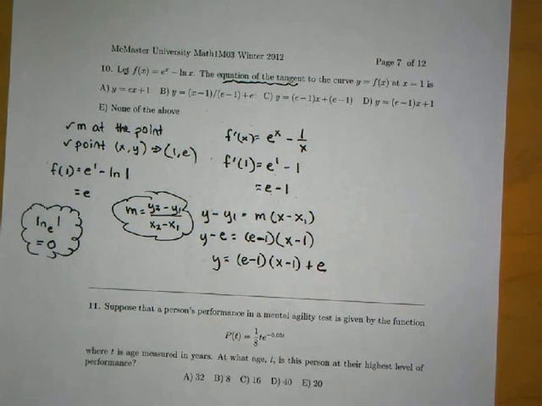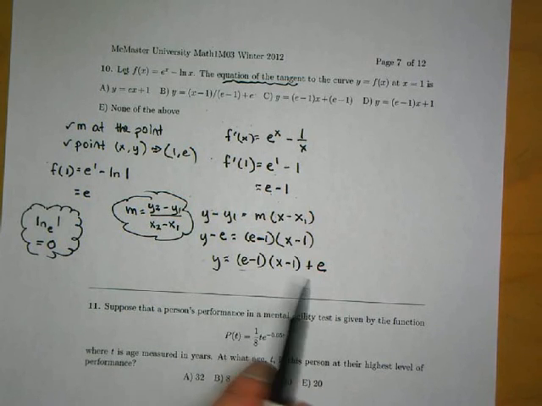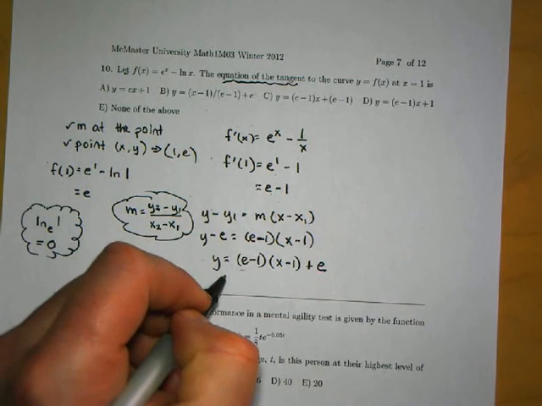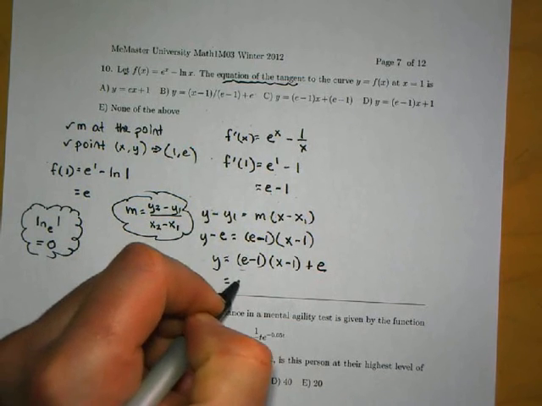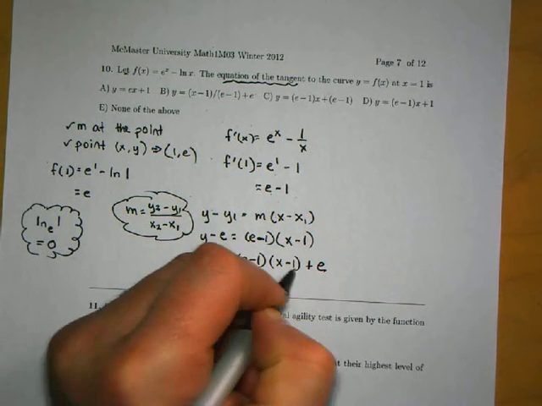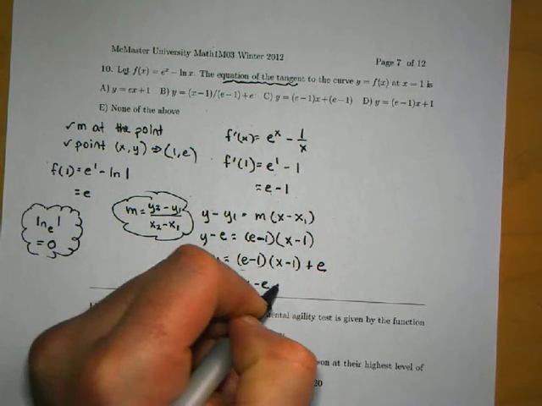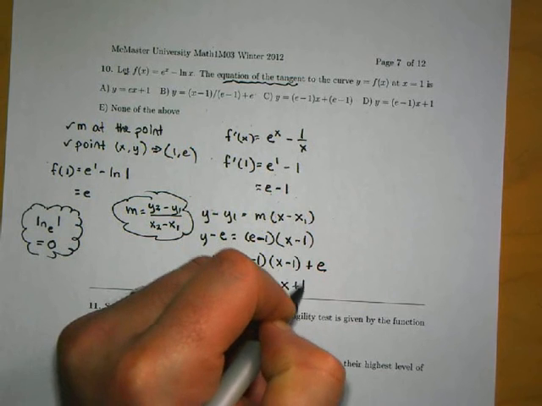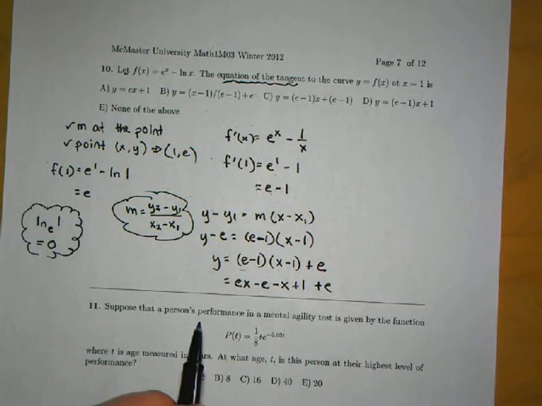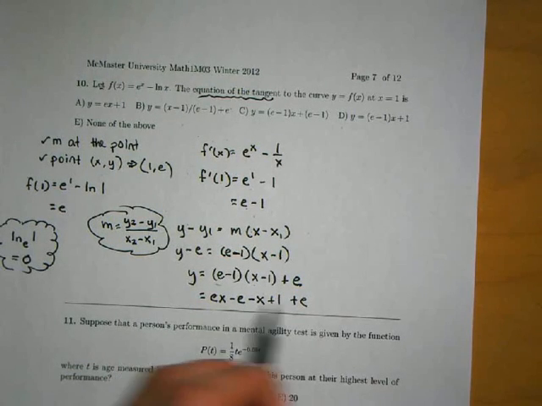Now I've got to figure out which one is the correct answer. So I'm going to multiply this through. It's a little messy, but that's okay. I'm going to expand this quickly. So e times x minus e minus x plus 1 plus e. I expanded those two brackets and got this. Collect some like terms. Minus e plus e, hey, that's 0.